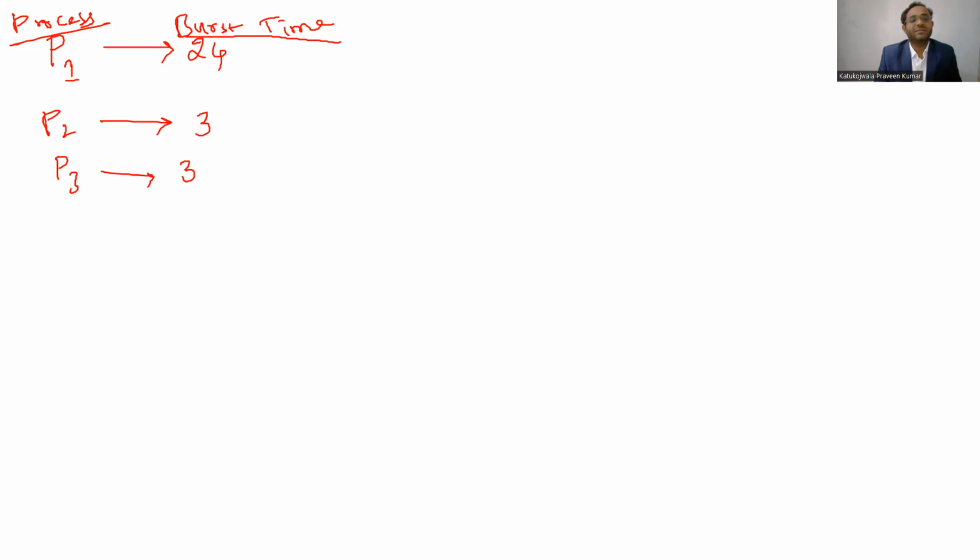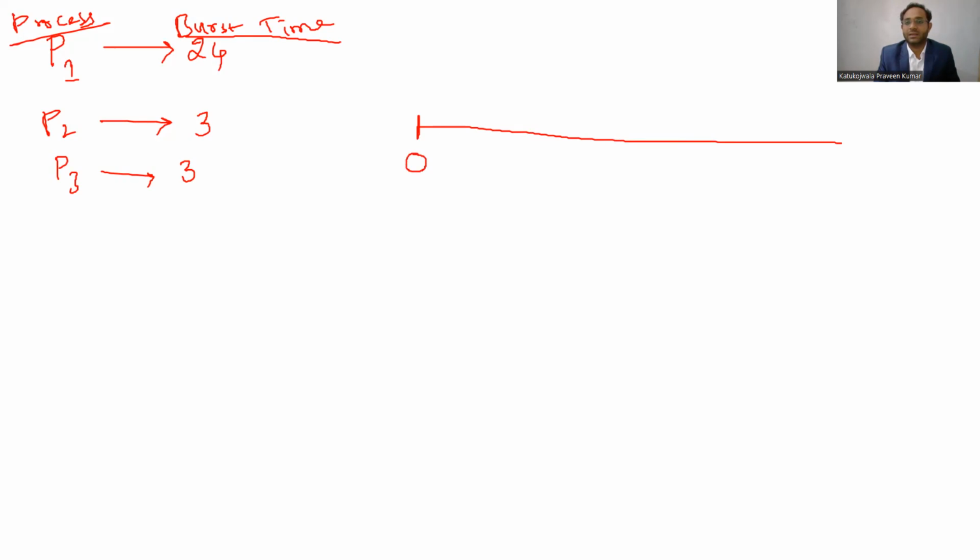So what is a Gantt chart? A Gantt chart is a graph of time slices and processes. So let us take a line. This is a timeline, and the timeline starts with 0.